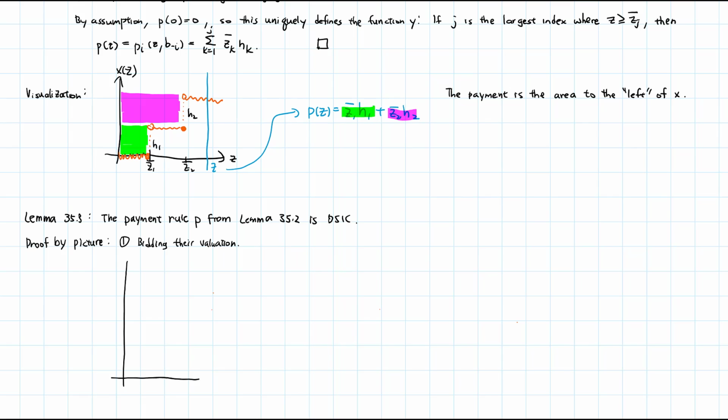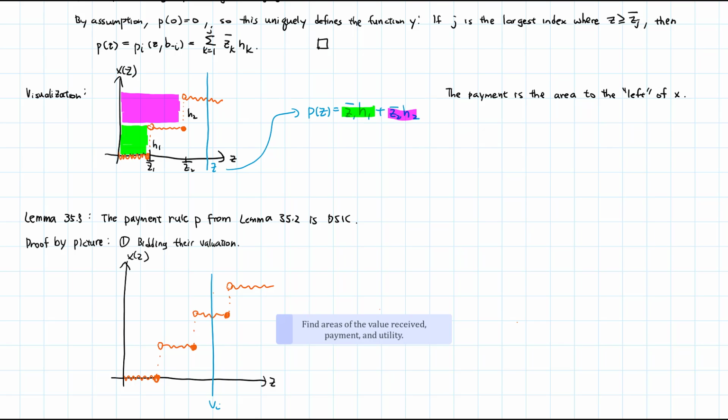Take a look at this graph for our piecewise constant allocation x. Can you find the area that represents the value that is received by the player, the payment, and the utility? The value received is the valuation times the allocation, so it is this rectangle here.